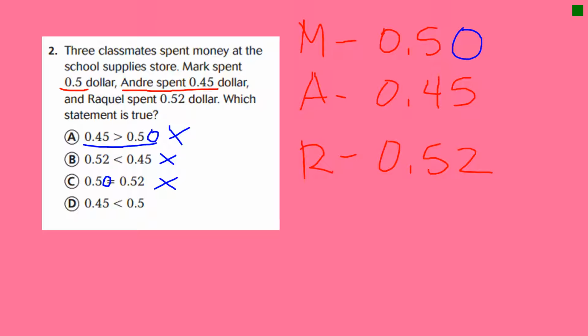No, no, no, no. Let's look at D. I hope D is correct. 45/100ths is less than 5/10. So let's put that 0 there. 45/100ths is less than 50/100ths. That's it. Okay?